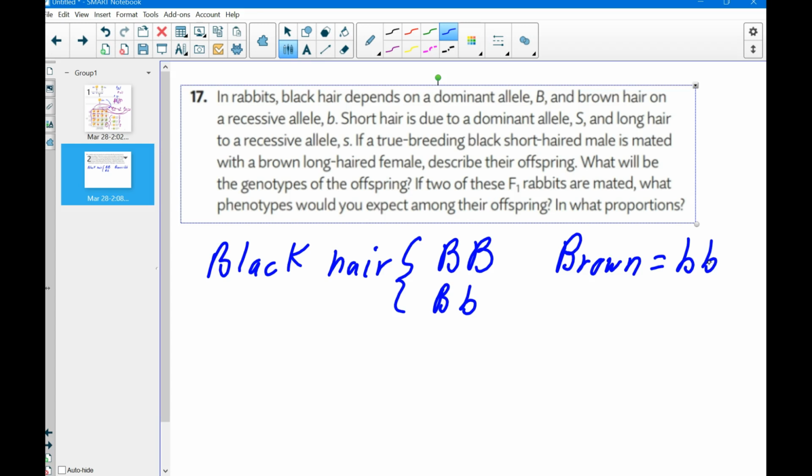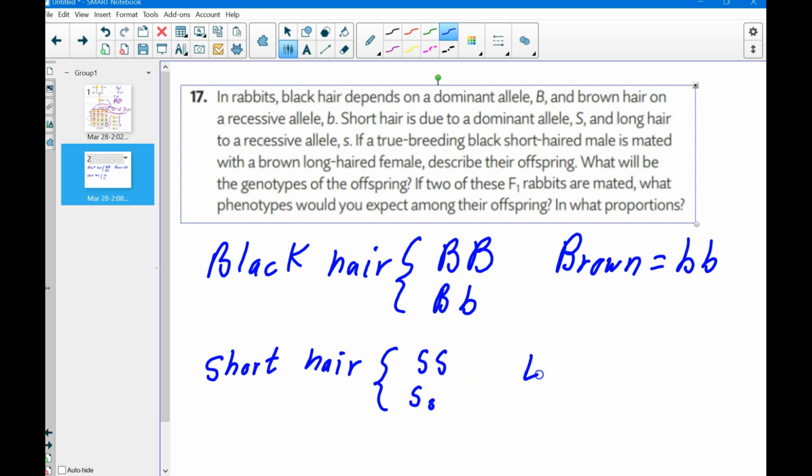Short hair is due to the dominant allele, capital S, and long hair is recessive, which is a small s. So if we have short hair, it looks like this. We can have the capital S, capital S, or the capital S and the small s.